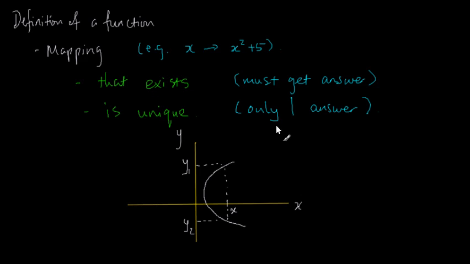Because unique, as I said, means that we have only one answer. So if I'm getting two answers, then it's not unique. So this is our counterexample, the answer is not unique for this mapping. So that's the definition of a function.